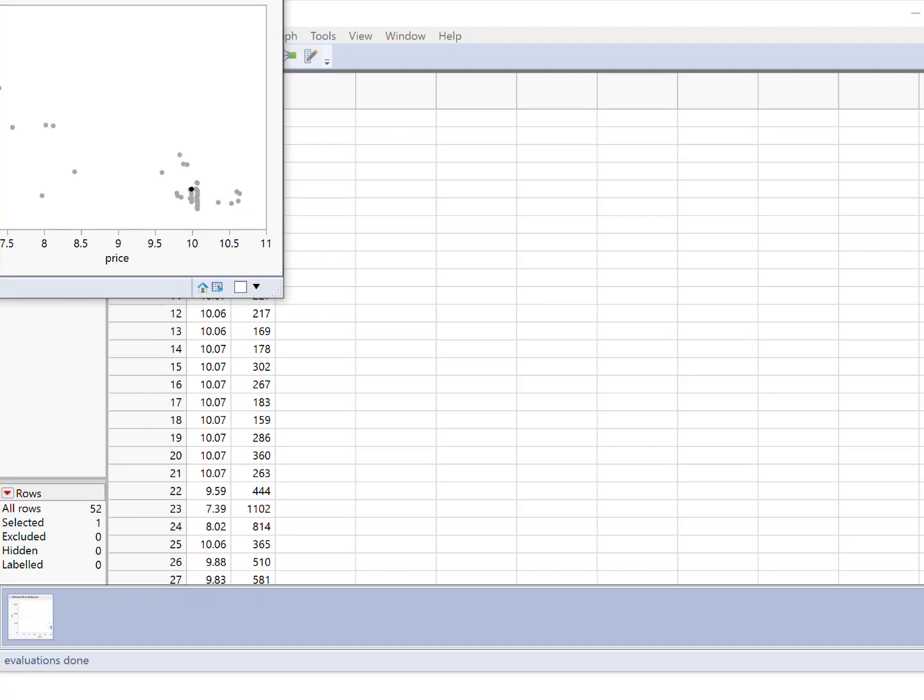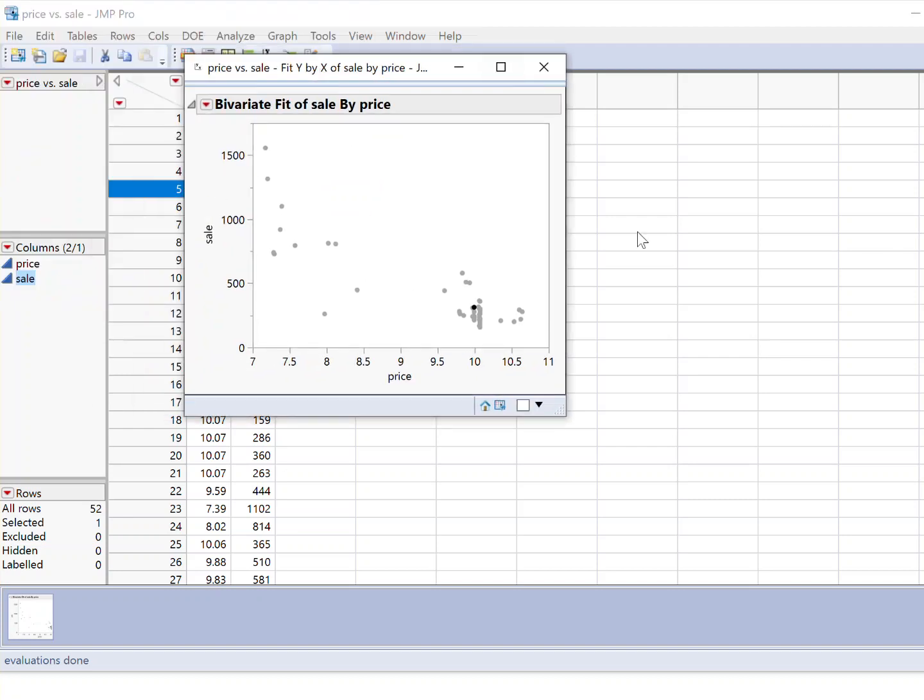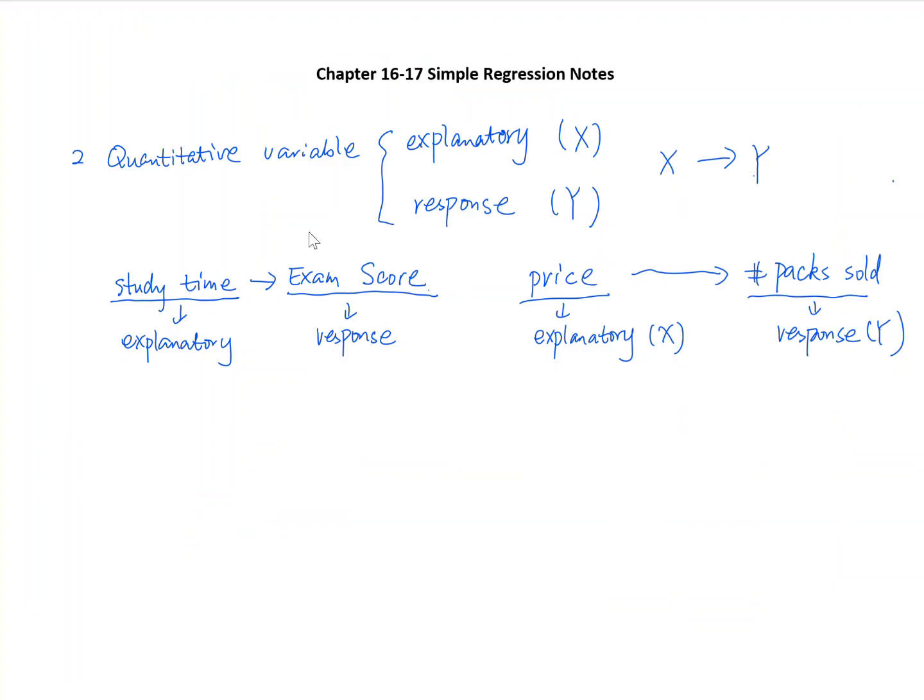All right. We see that the first thing shown in the output is this plot. So what is this plot? This plot is called the scatter plot.